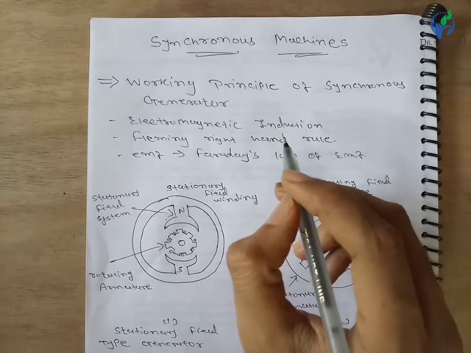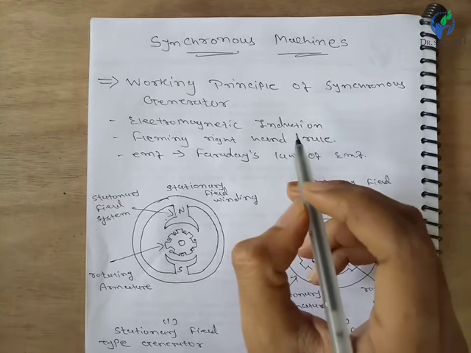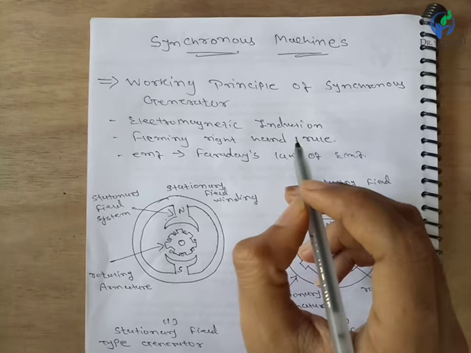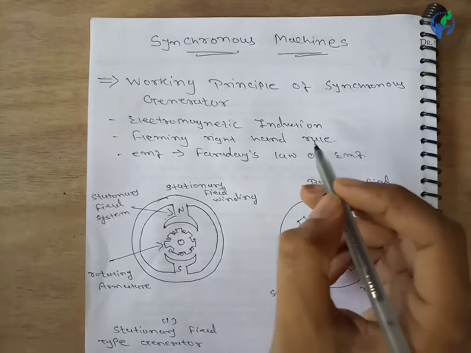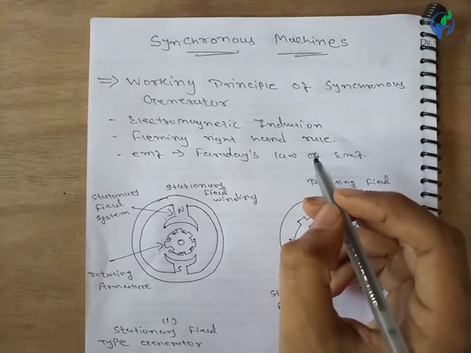The magnitude of this induced EMF, as per Faraday's law, is given by the rate of cut of magnetic flux by the conductor. The working principle can be explained similarly to the working principle of a DC generator.